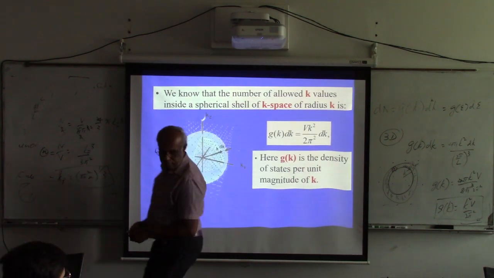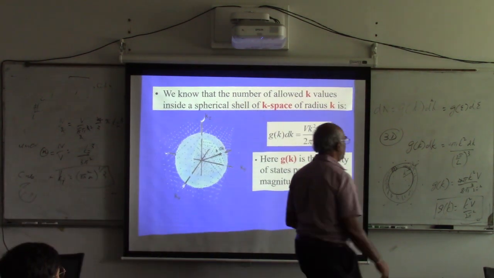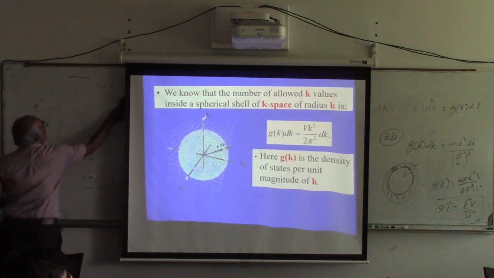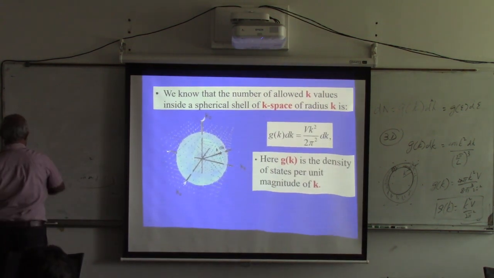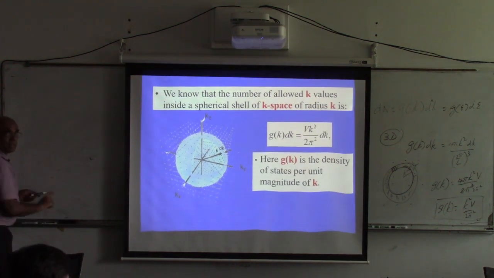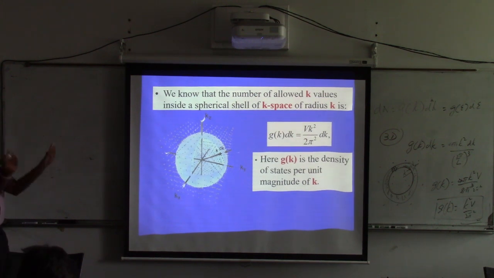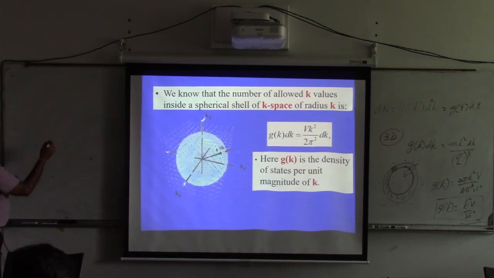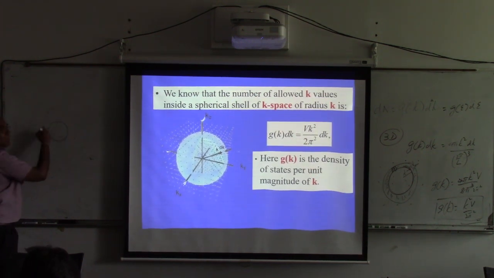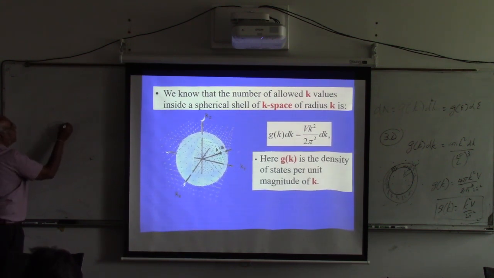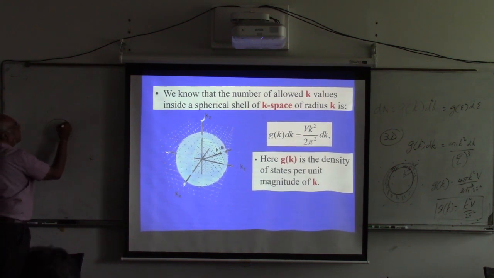Let's do this for the two-dimensional case, then you will understand this. In the two-dimensional case, I don't make a sphere, right? What do I make? Not a circle, just a perimeter like this. With radius k, then I make another one with a dk width.